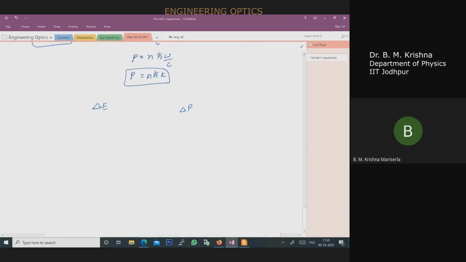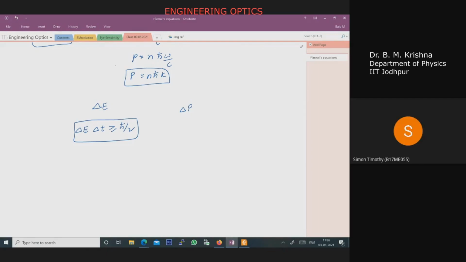Now if you see here, one is energy. The relation is delta E delta T is greater than or equal to h by 2. This is one of the Heisenberg uncertainty relations. So what does it mean? What is the meaning of this relation? Can any one of you answer?